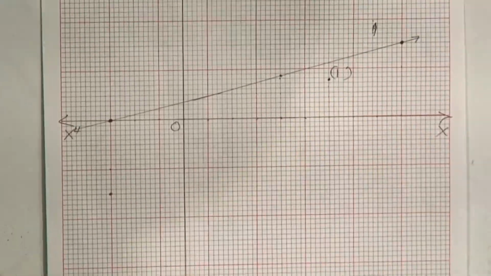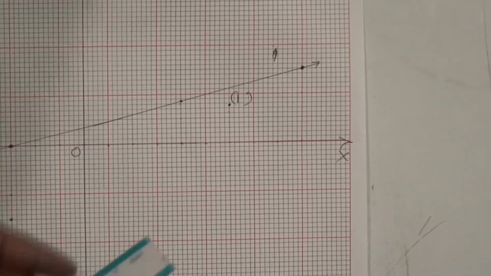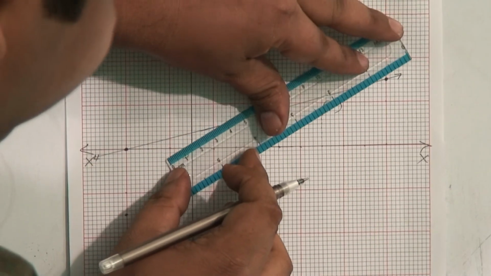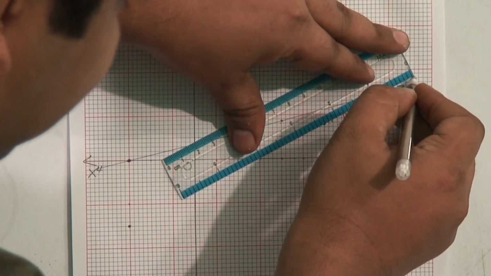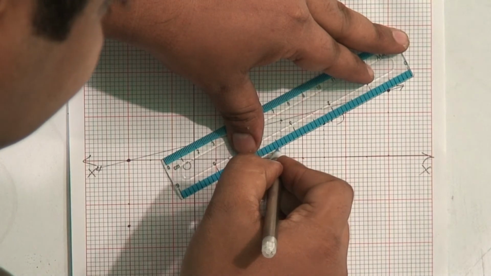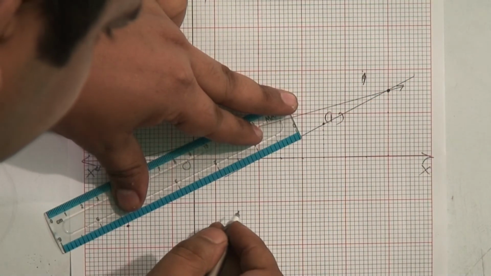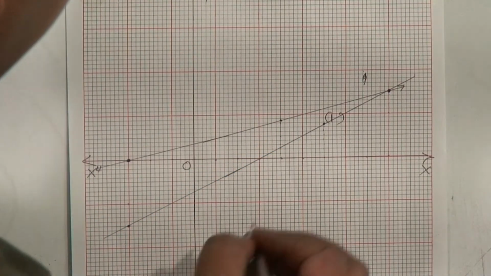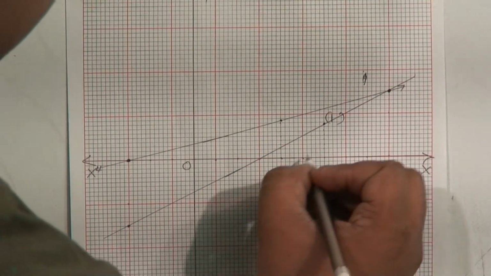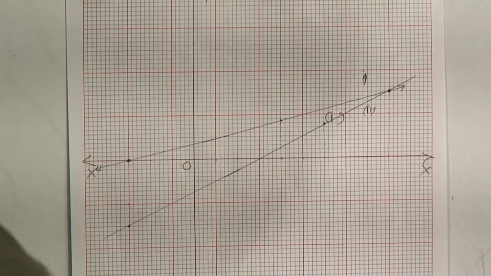This one. Same. Now we join them. Okay, this is the graph of equation number 2.